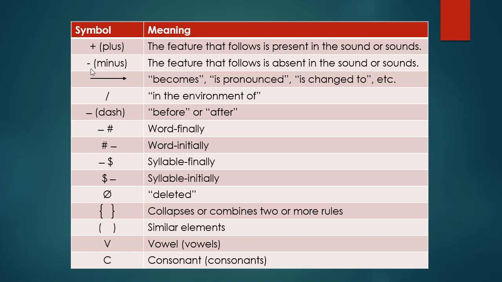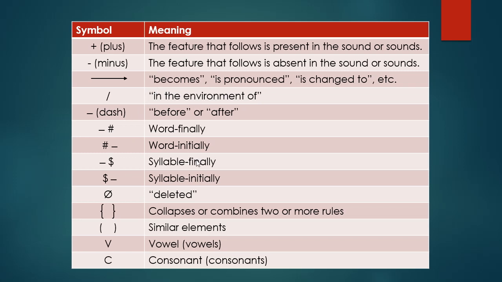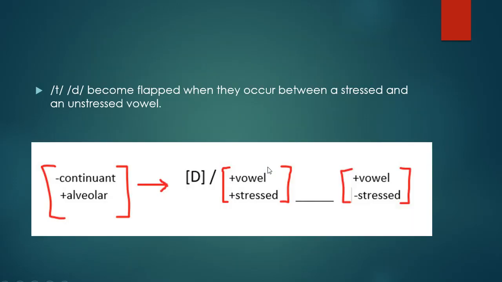And when you see this symbol, minus, it means that the feature that follows is absent in the sound or sounds, right? Also this symbol, the arrow, means becomes, or is pronounced, or is changed to, etc. When you see the slash, it means in the environment of.